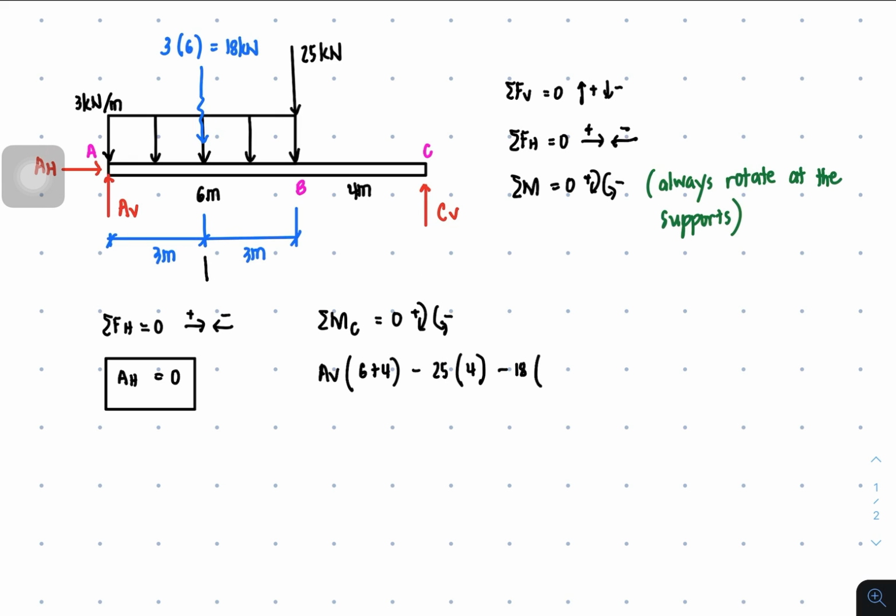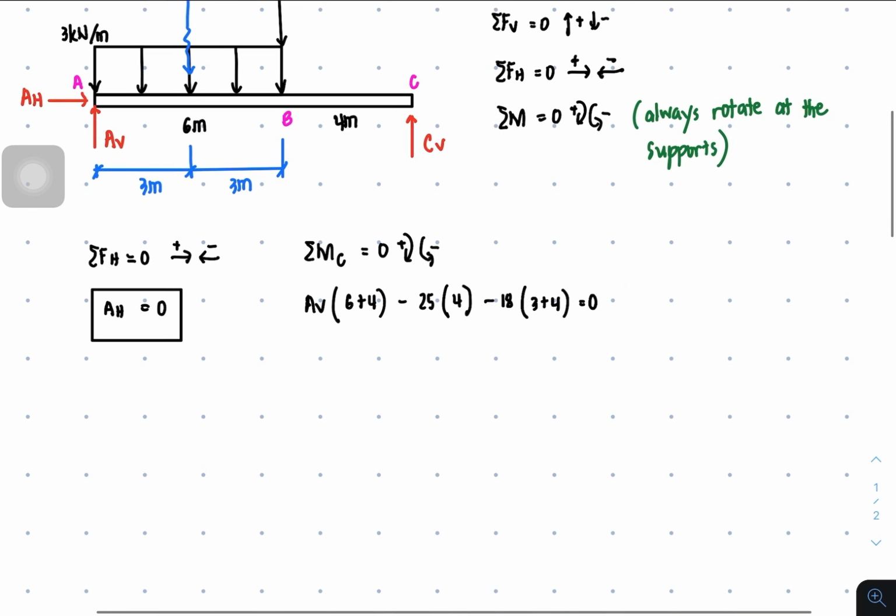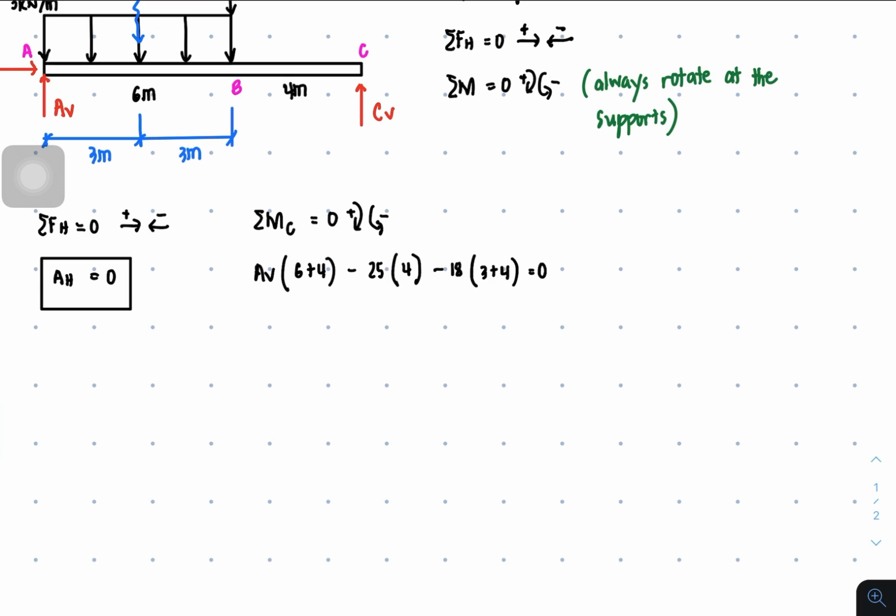That's our moment arm, so it's 3 plus 4. And by that, we may now proceed in simplifying.